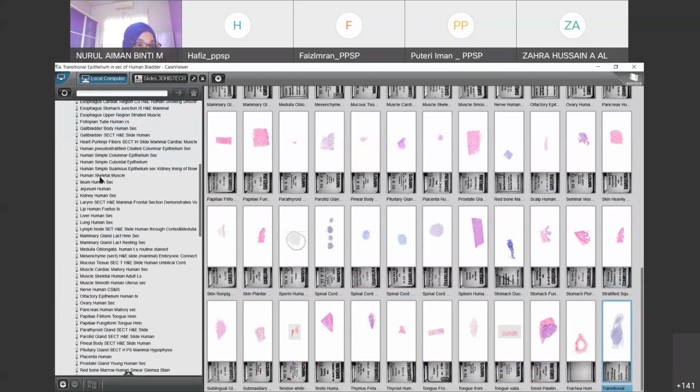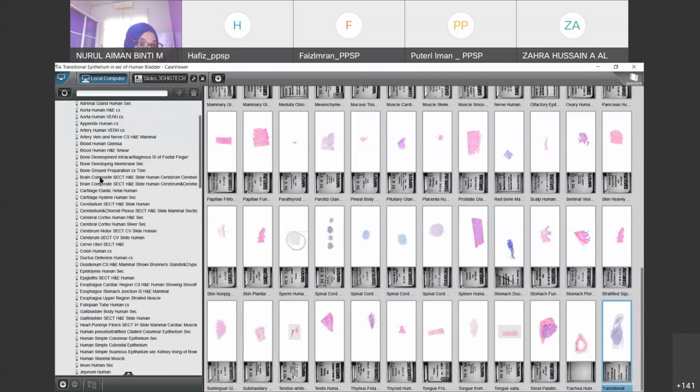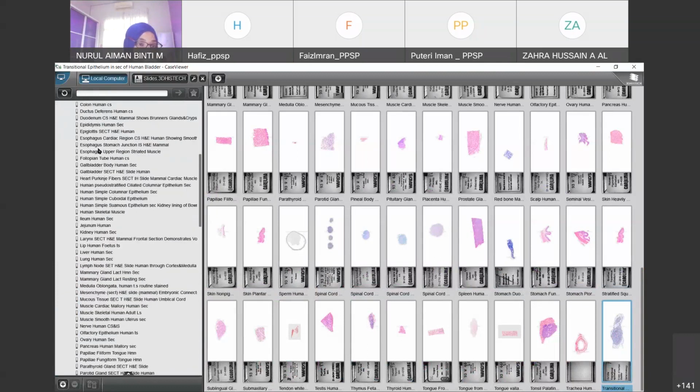The esophagus is also different. Some parts of the esophagus are actually stratified squamous, non-keratinized, and some of it is simple columnar. I didn't show you the skin, right?